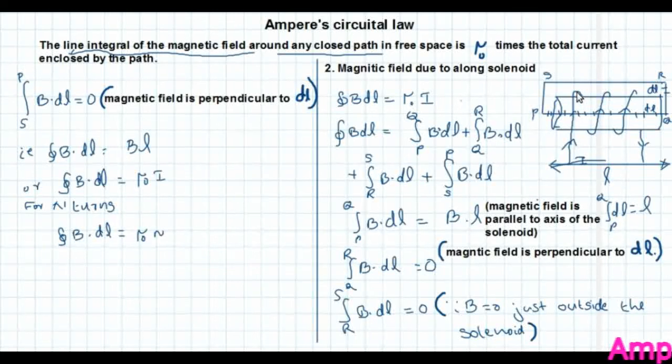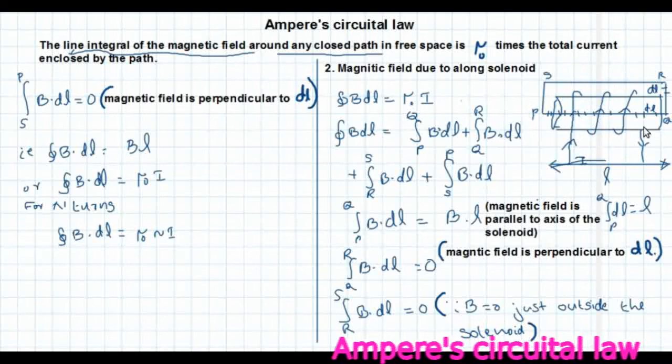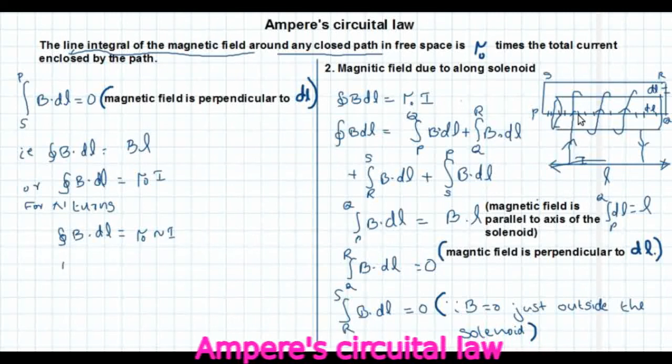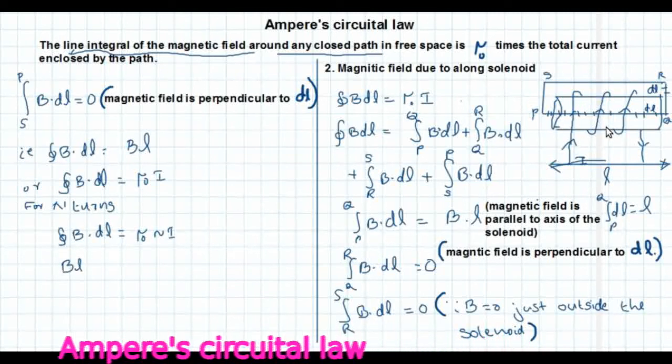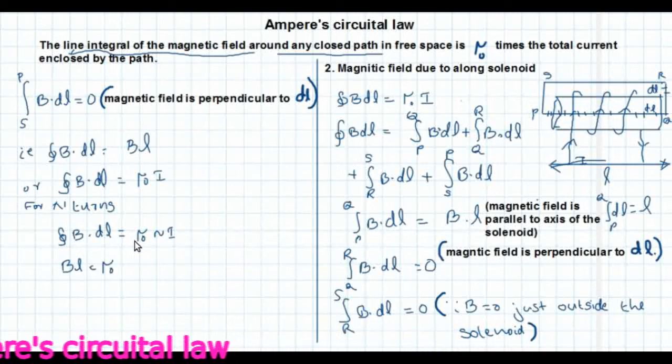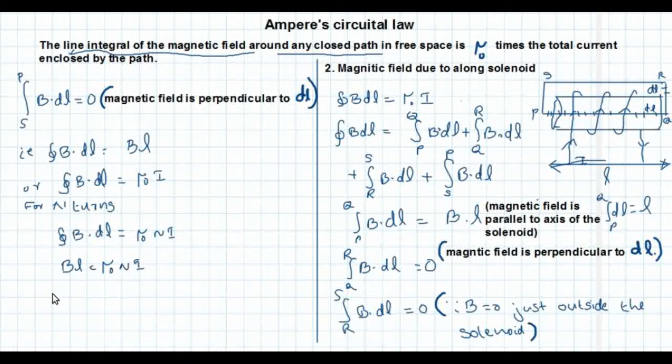There is not a single conductor or a single current carrying element. There are n number of turns. If there are n number of wires for this solenoid carrying current I, then this equation will be mu 0 NI. Therefore, BL is equal to mu 0 NI. The reason for this N is there are n number of turns.